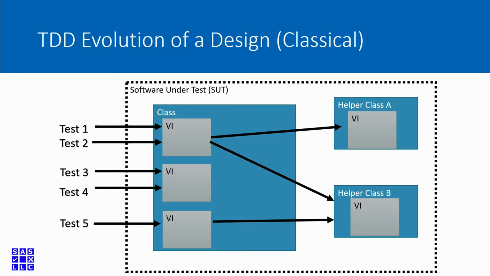So we kind of have maybe a facade class, if you're familiar with the Gang of Four pattern. We end up with something like this. And these helper classes are tested because they're exercised through the public API of our class that we're testing, and it expects that behavior.